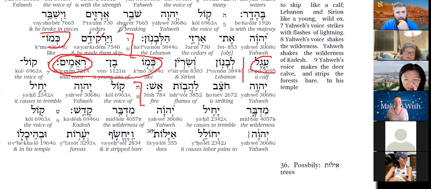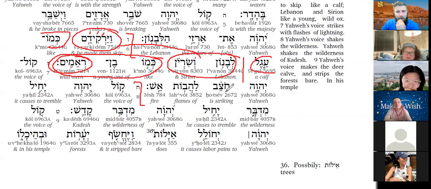So then why do we have vayar kidem with Levanon v'Siryon? Siryon, are those 2 locations? Yes, because they've got capital letters. So that just doesn't sound parallel to me.